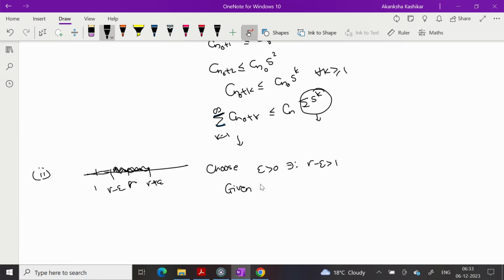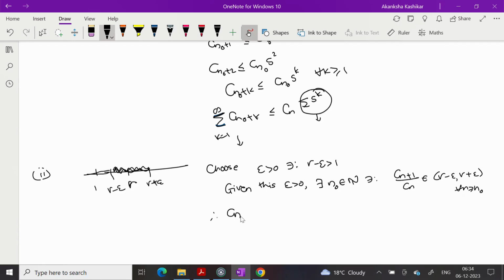Given this epsilon greater than 0, there exists n naught in N such that Cn plus 1 by Cn belongs to r minus epsilon to r plus epsilon for every n greater than or equal to n naught.